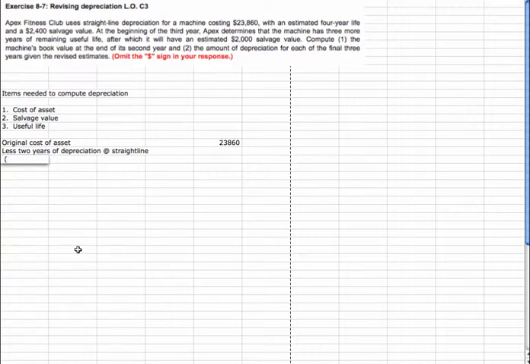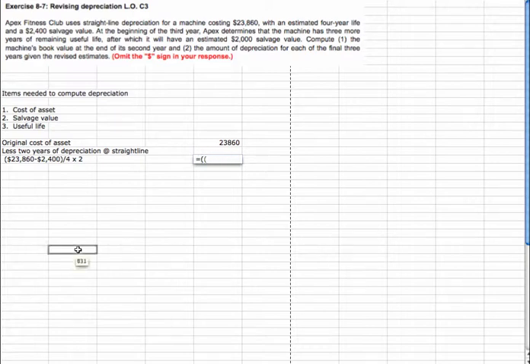So what we're going to basically say here is take the $23,860 minus the salvage value of $2,400 divided by 4 years, and then we're going to multiply that times 2 for the 2 years. So let's make that formula over here. Let me put some parentheses here.